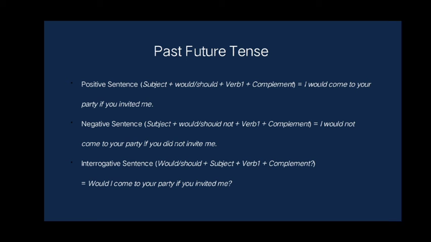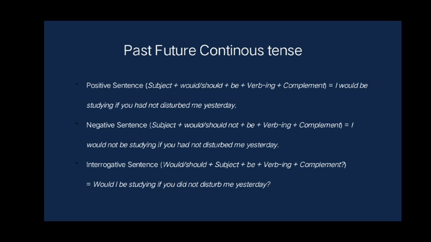Next, past future tense. It is used to show an action that should have been done in the past but failed, or failed plans. For example, I would come to your party if you invited me. The formula is subject plus would or should plus verb 1 plus complement. Past future continuous tense.